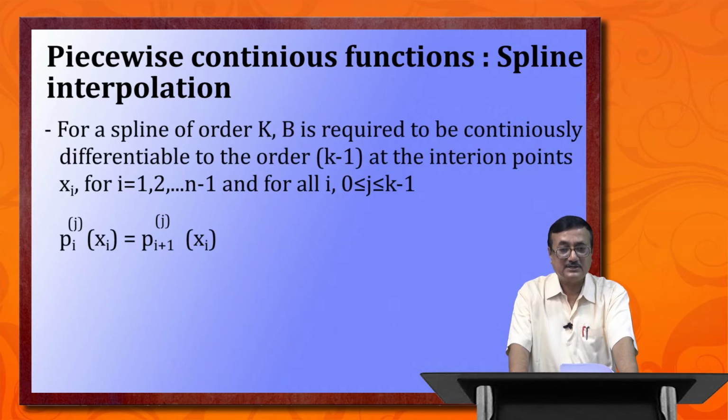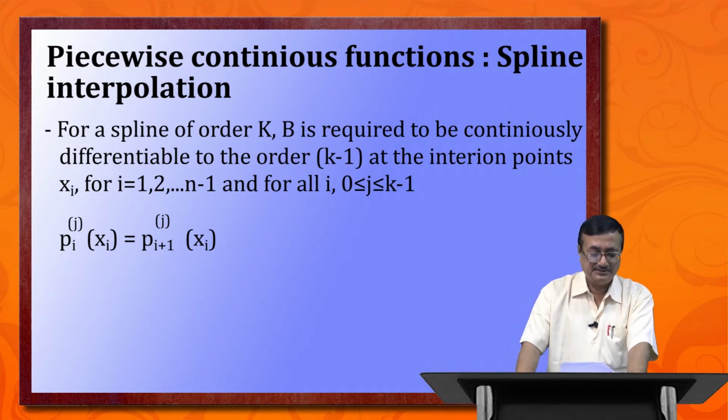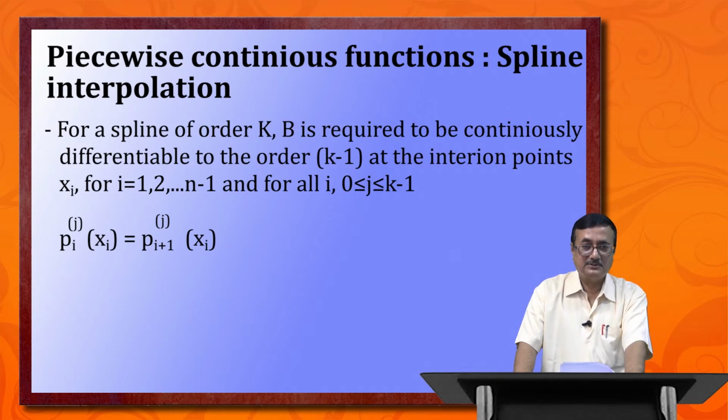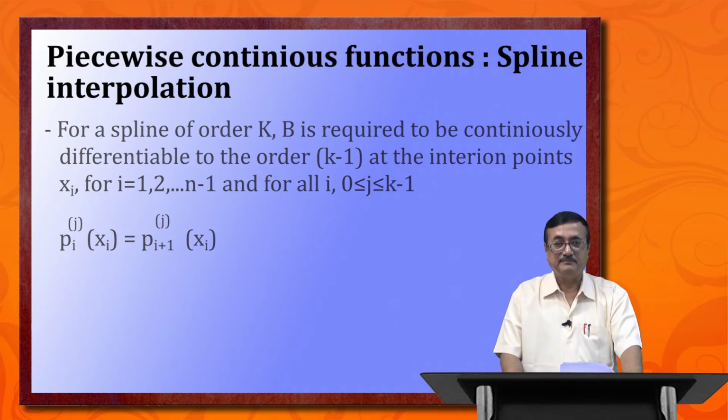For a spline of order k, S is required to be continuously differentiable to the order k minus 1 at the intermediate points, the interior points x_i for i equal to 1 to n minus 1, and for all j with 0 less than or equal to j less than or equal to k minus 1, the jth order derivative of p_i at x_i is equal to the jth order derivative of p_{i+1} at the same point x_i.